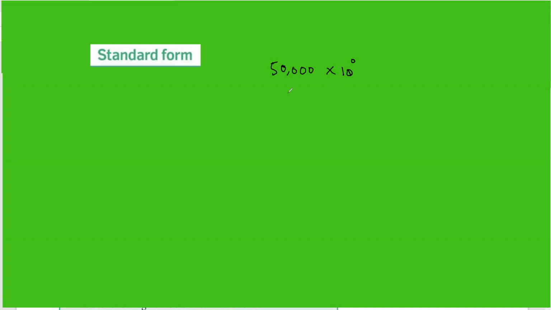So 10 raised to power 0 is 1. Now, can I say that 50,000 times 10 raised to power 0 is the same as 5,000 times 10 raised to power 1? 50,000 is the same as 5,000 times 10, isn't it?